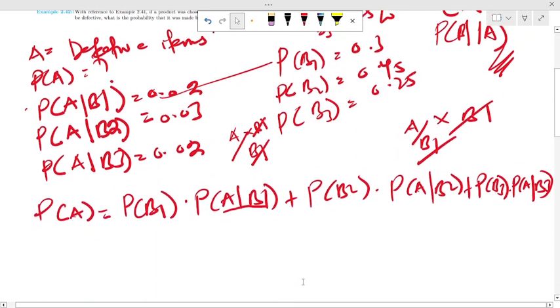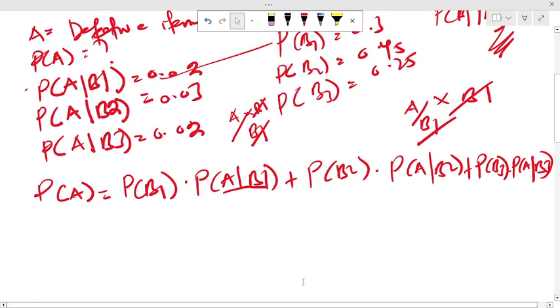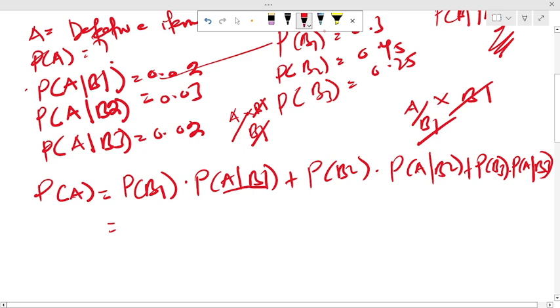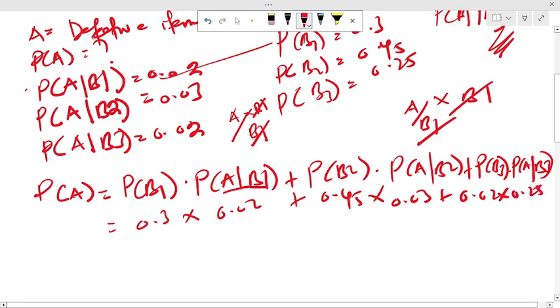Okay, moving on. After writing this formula, we just input our values. The probability that it is produced from B1 is 0.3 times the conditional probability 0.02, plus for B2, 0.45 times the conditional probability 0.03, plus 0.02 times 0.25.